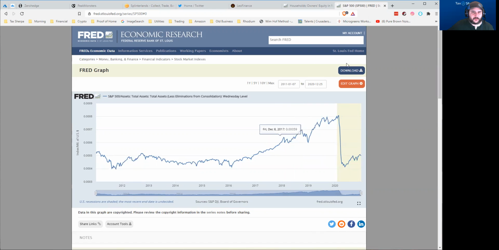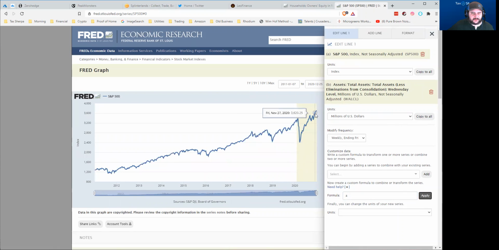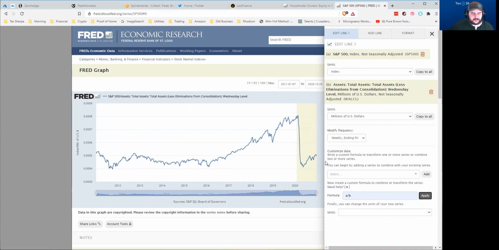So, when we look at just the S&P 500, and we compare that steady rise to the normalized, you can see that a lot of that growth has just been based on monetary inflation.